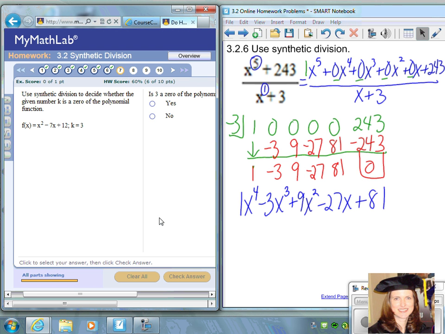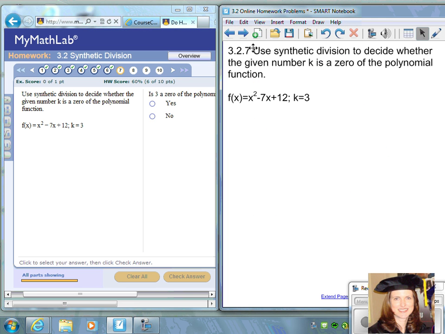All right, for question number 7, we're asked to use synthetic division to decide whether the given number k is a zero of the polynomial function.